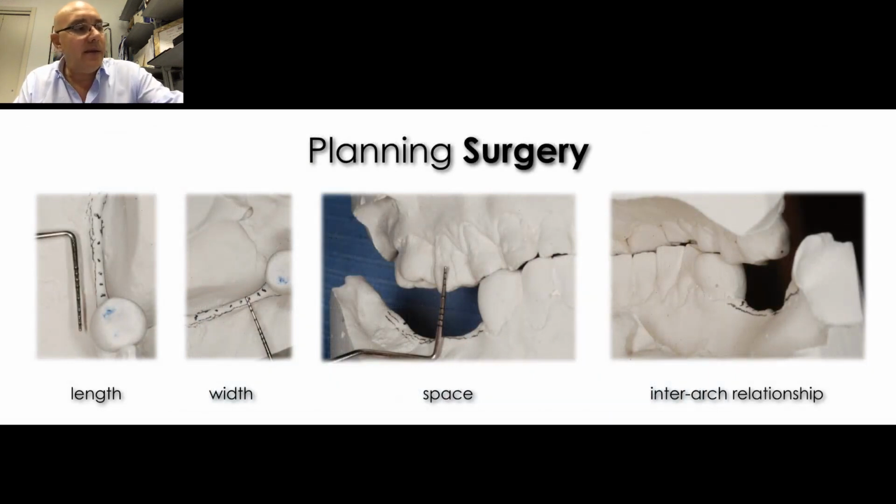Well, we take a stone cast of these patients. We measure the ridge in length and in width. We measure the interarch space, because we want to make sure that we have enough interarch space that if we gain space vertically, we don't run into problems in placing the final restoration, and also to make sure that we have the possibility to have the teeth in proper occlusion.